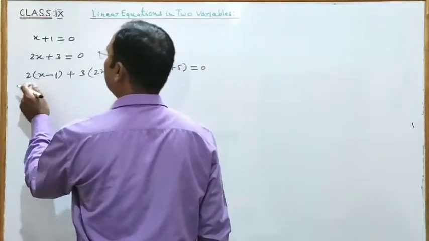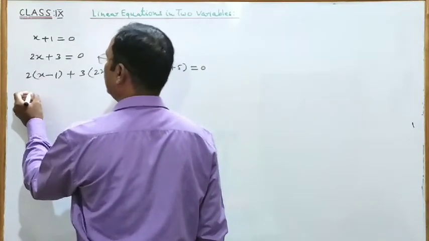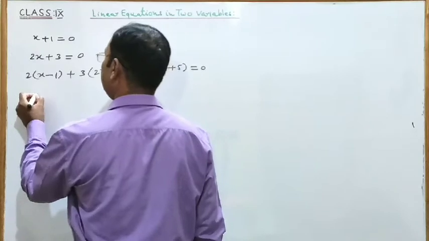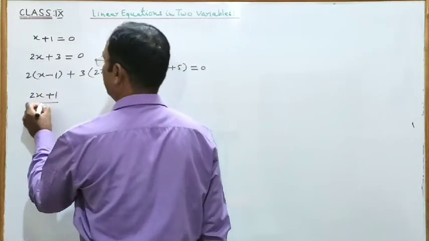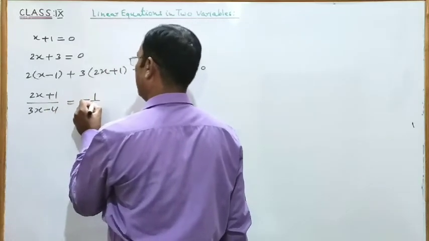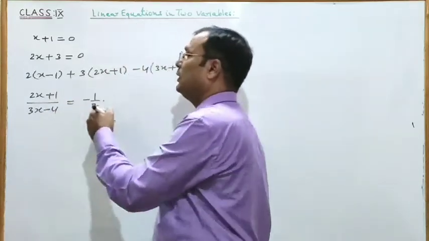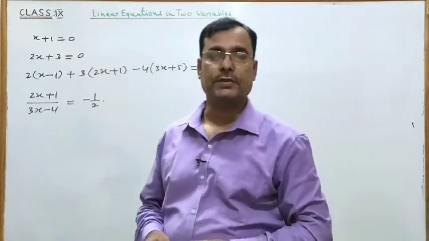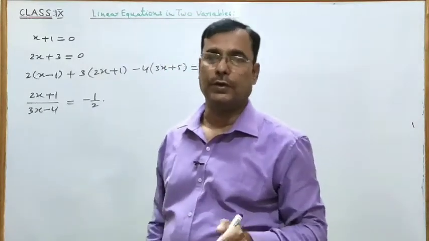You also studied linear equation in one variable in this form: (2x + 1)/(3x - 4) = -1/2. All these are different forms of linear equations in one variable.